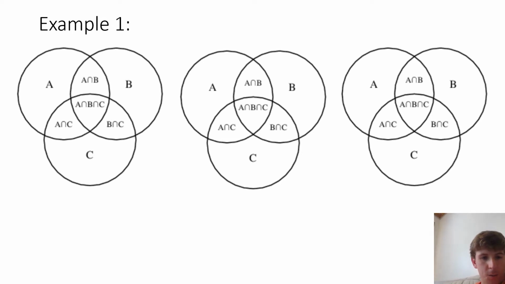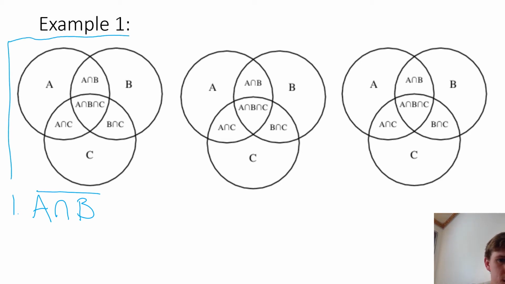So for this first one, let's do A intersection B complement. And let's make sure we add our outer rectangle as well.